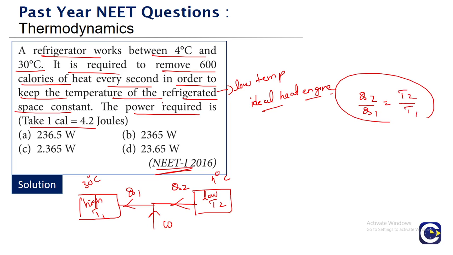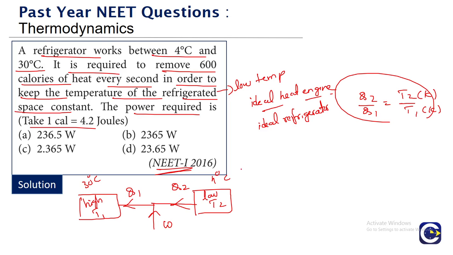Now here also we are going to assume that this is an ideal refrigerator, which is exactly the reverse of the ideal heat engine, which means here also we have the same relation, that is the Q2 by Q1 ratio is equal to T2 by T1, but we have to keep in mind that both these temperatures will be on the Kelvin scale.